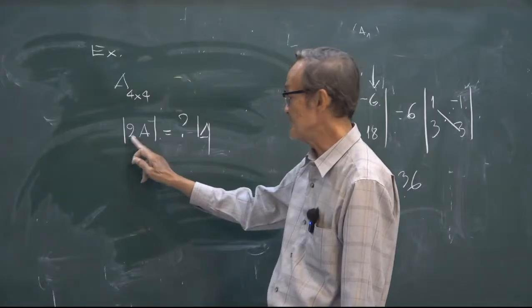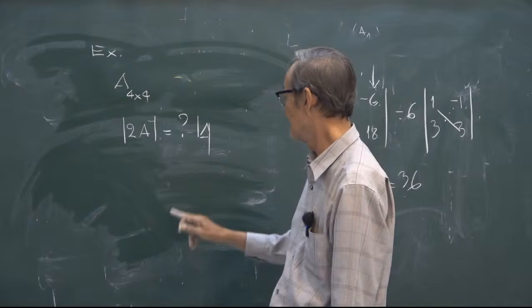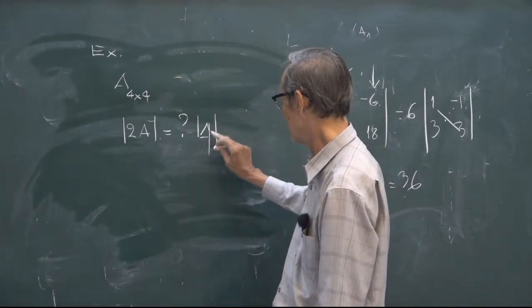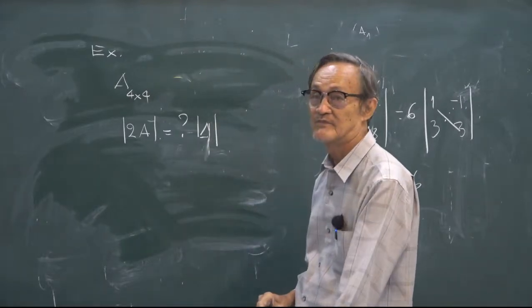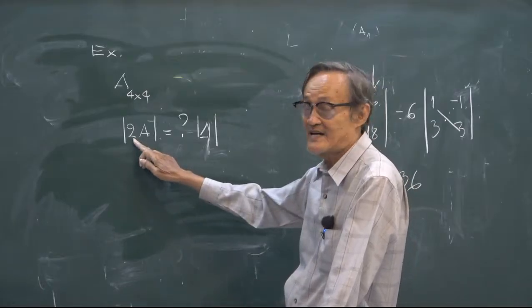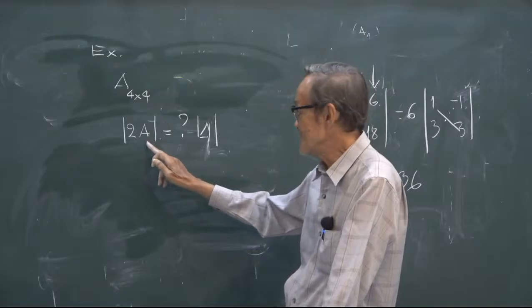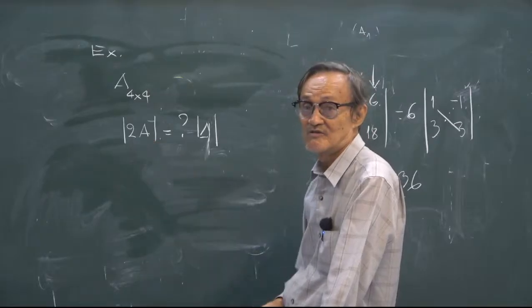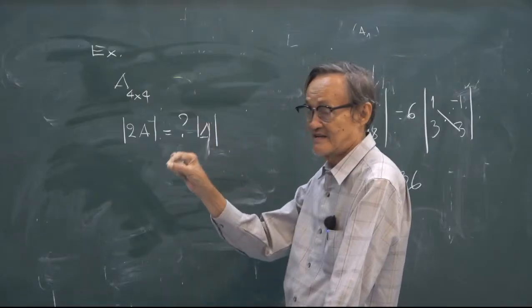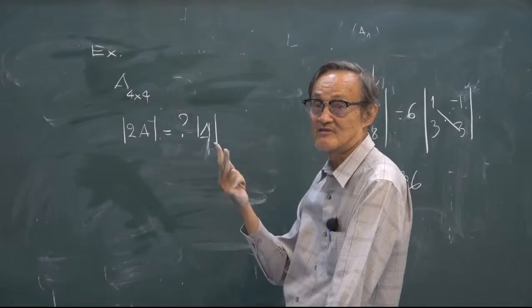So what is the determinant of 2A? Here we multiply the matrix by 2, so we multiply all elements of A by 2.